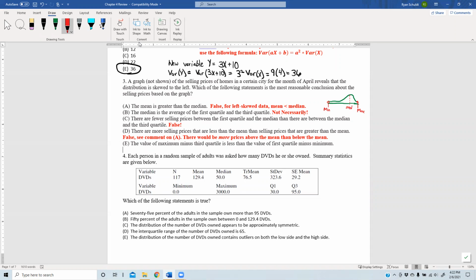So the third quartile could be right about there maybe, and then the first quartile may be right there. So Q1, Q3. It's probably going to look something like that. The value of the max minus the third is less than the value of the first minus the min. Yeah, that's true. So that makes E our answer.